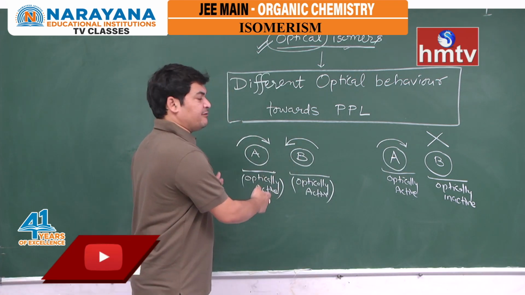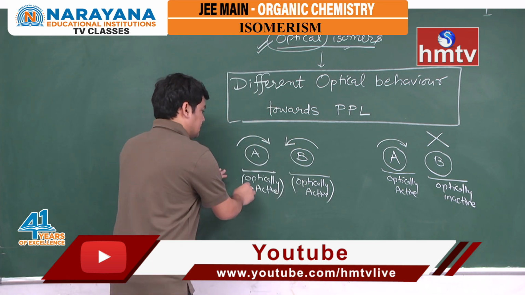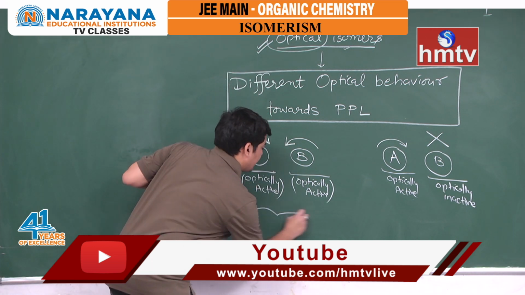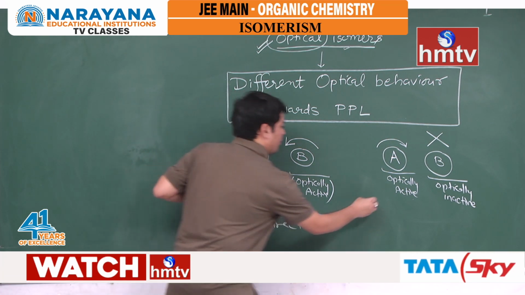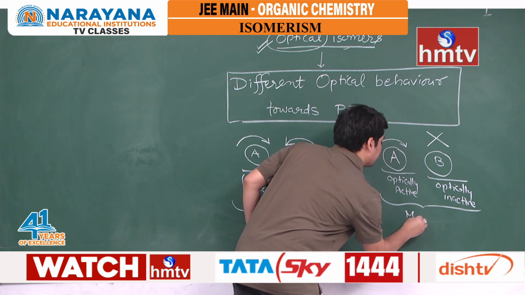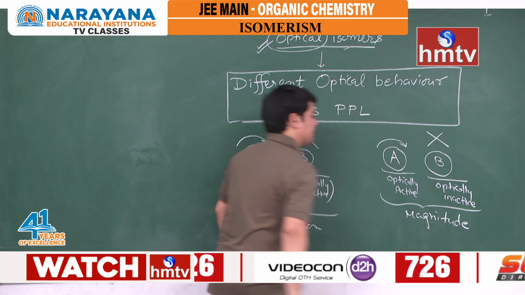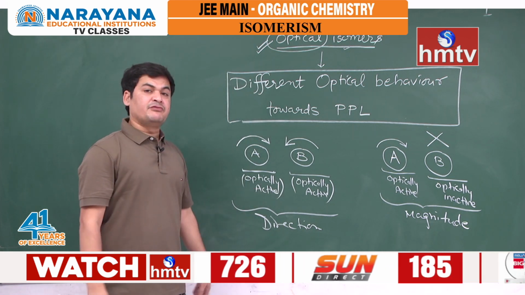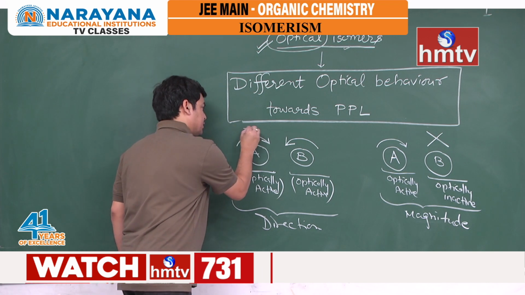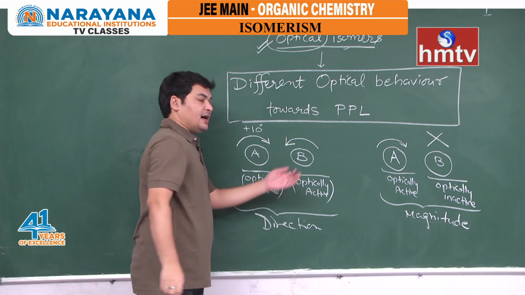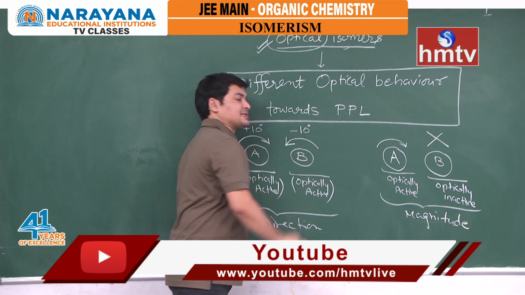So here we have different optical behavior in two manners: one in terms of direction and one in terms of magnitude. In terms of direction, one is rotating clockwise, suppose plus 10 degree, the other is rotating anti-clockwise, suppose minus 10 degree.